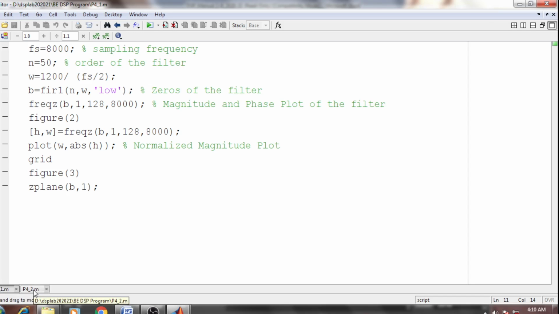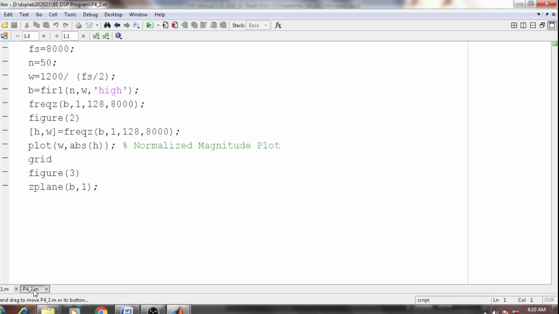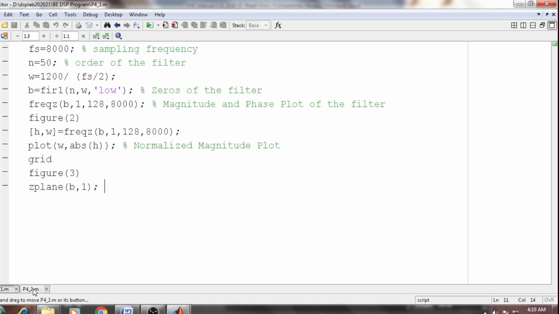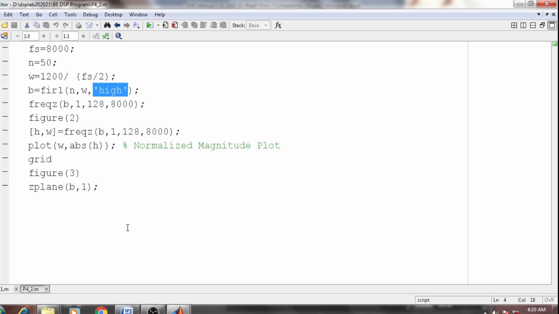This program is about the low pass filter, and if I switch to the high pass filter program, only the word is changed to high. The organization of all the statements will be very similar, only the difference is that instead of saying low, here I am writing high pass filter.